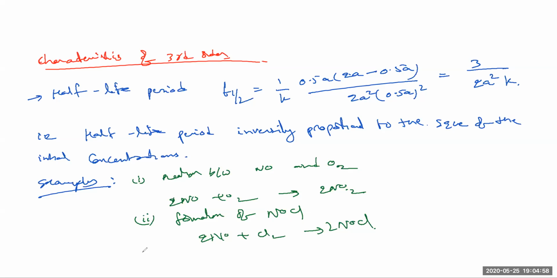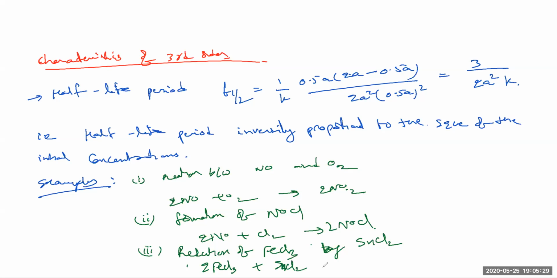And reduction of FeCl3 by SnCl2. Now 2 moles of ferric chloride plus 1 mole of SnCl2, stannous chloride, are converted into 2 FeCl2, ferrous chloride, and SnCl4, stannic chloride.